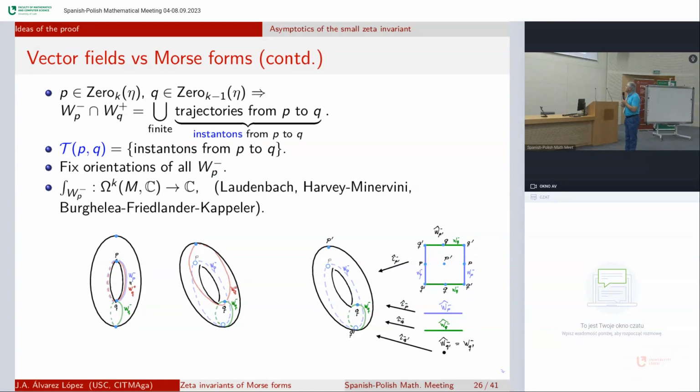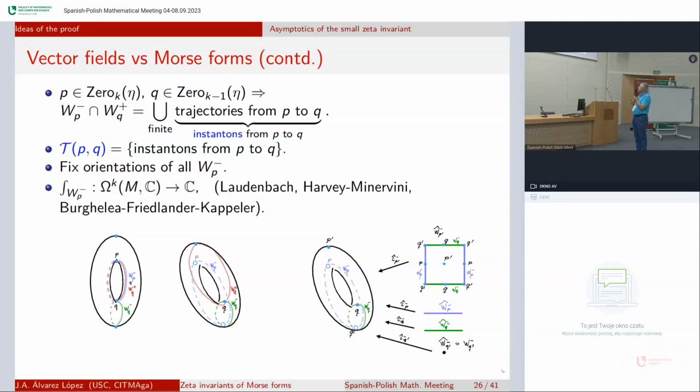I will denote by T of PQ the set of instantons from P to Q, and we fix orientations of the unstable submanifolds. And now we have an integration on the unstable submanifolds of the forms of degree equal to the dimension.